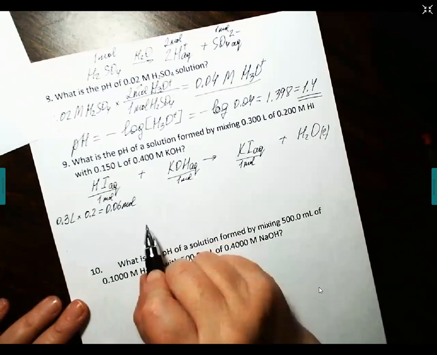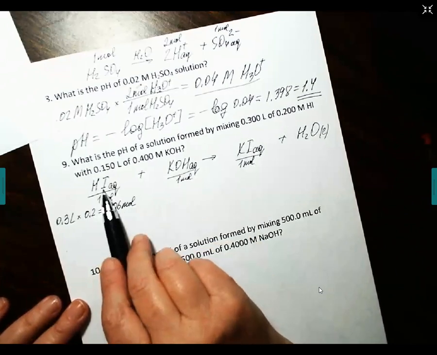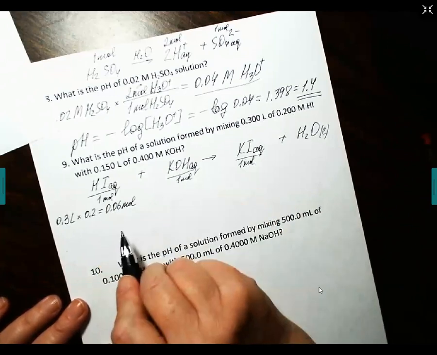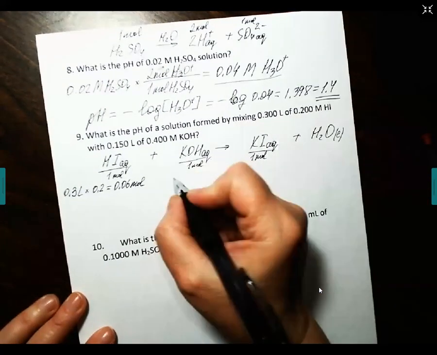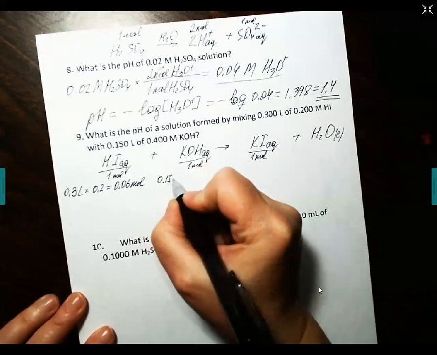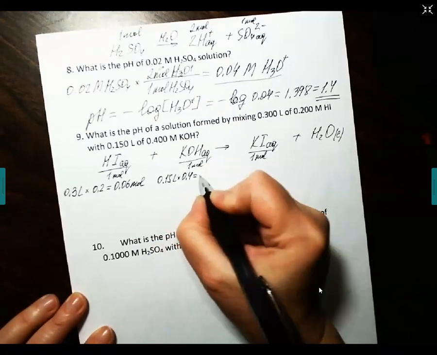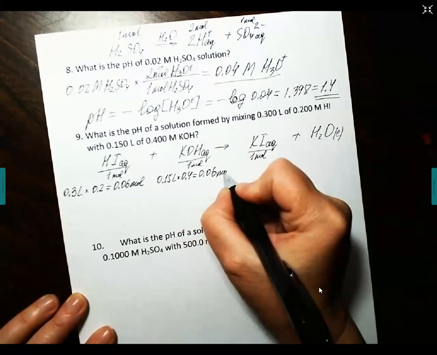I will count it at the end. 0.06 moles of HI. And as for potassium hydroxide, it is 0.15 liters times 0.4 moles per liter, also 0.06 moles.